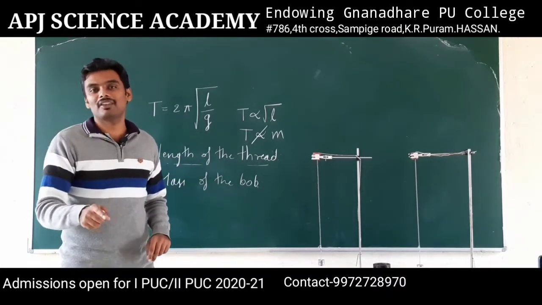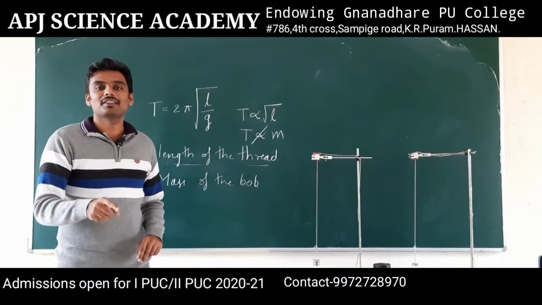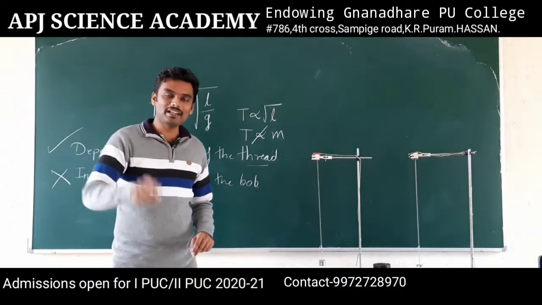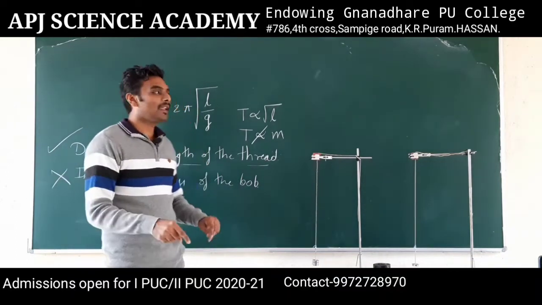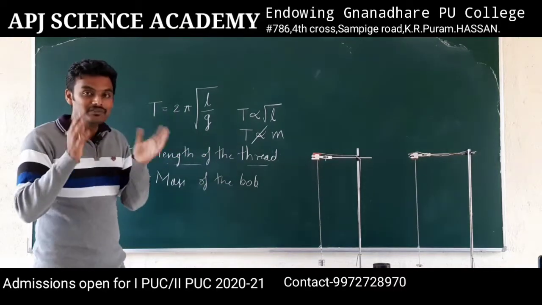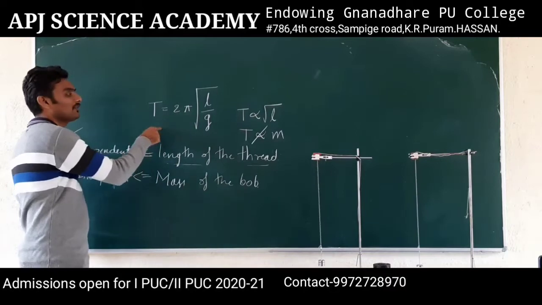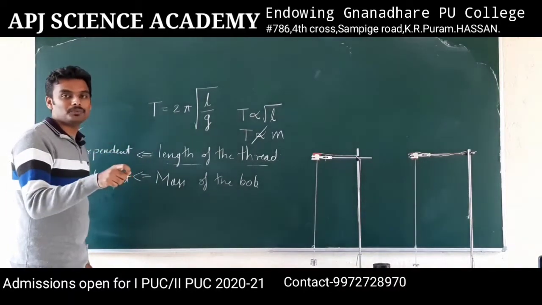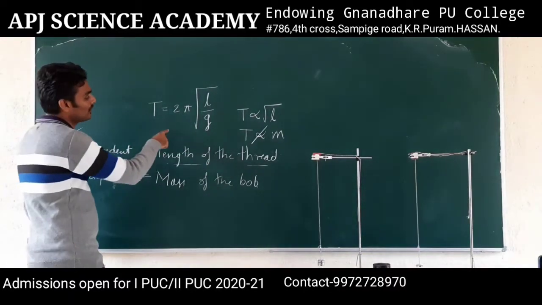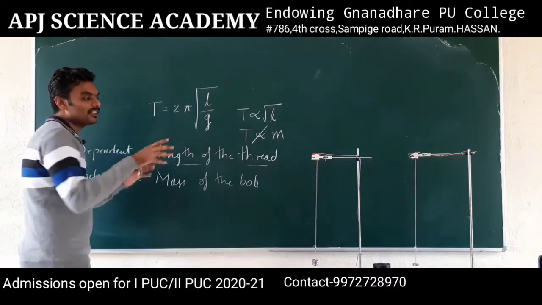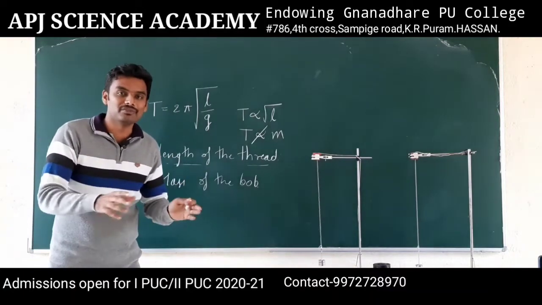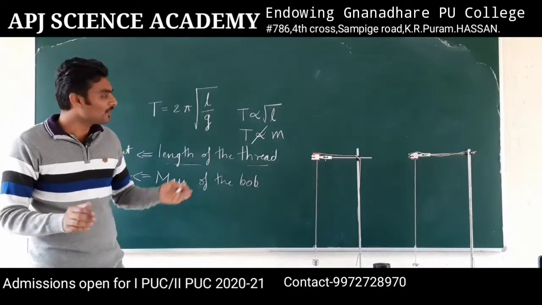But when you take physics, you can always perform the experiment practically in the lab, and hence you can verify the equation. Yes, it is true. Practically, whatever equation we have is valid. You can verify it. Okay, clear on that?